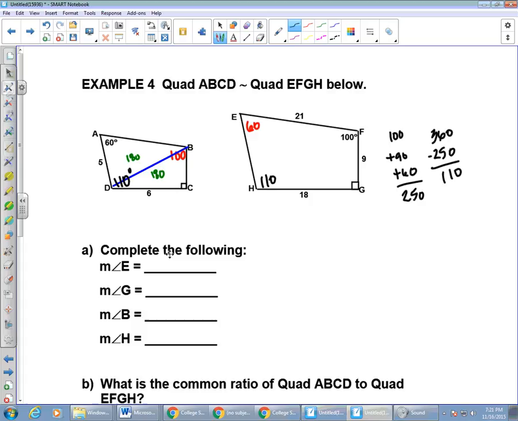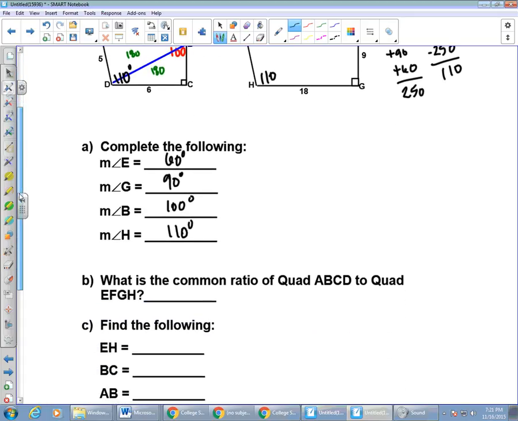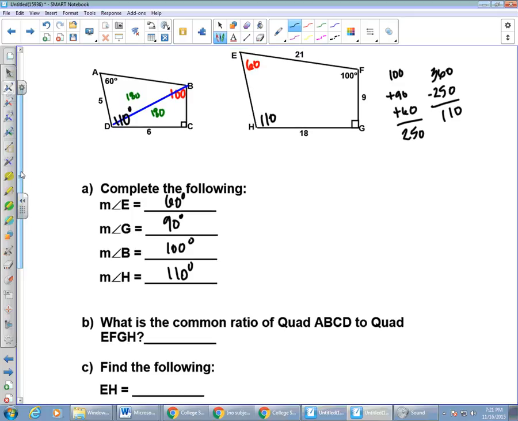And so now we can answer these questions. Angle E is 60. Angle G, well, that was easy, that's 90. Angle B is 100. And angle H is 110. Okay, for part B, it says, what is the common ratio of ABCD to EFGH?